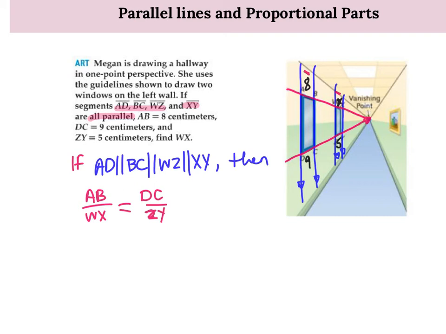Okay, so take the information we know. AB is a value of 8 over WX, which I'm looking for, equals DC, which is 9 over ZY, 5. Okay, so now we're just going to cross multiply, so 9 times our segment of WX will equal 40.